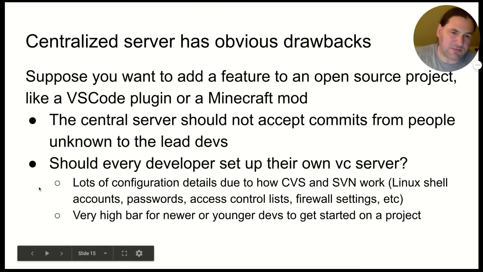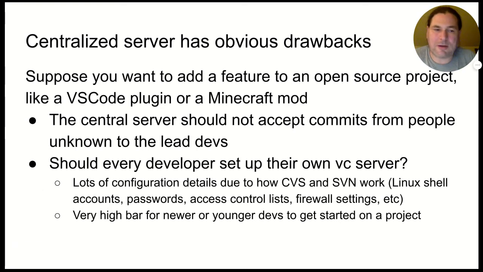Do I need a firewall, where's the Linux machine going to live, do I have a backup UPS for it? Or if I want to pay somebody to do that, now it's not free anymore. So it's already out of the price range of undergraduates. This is a high bar for new developers to get started.